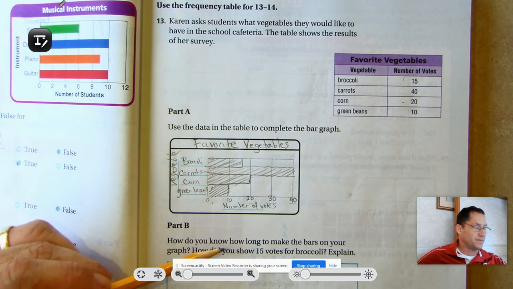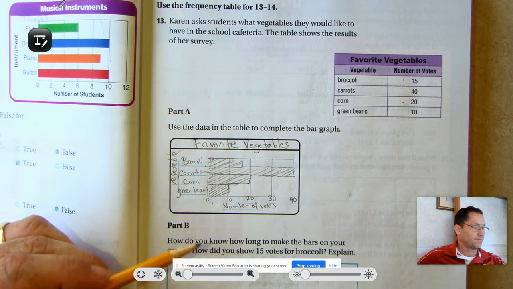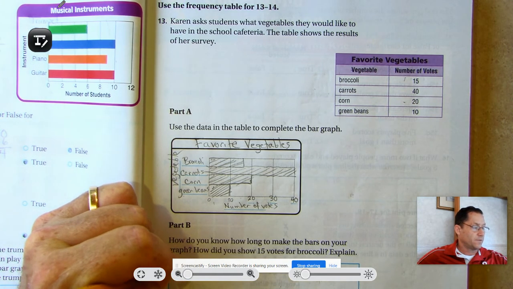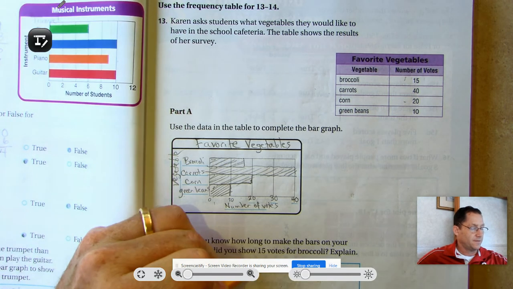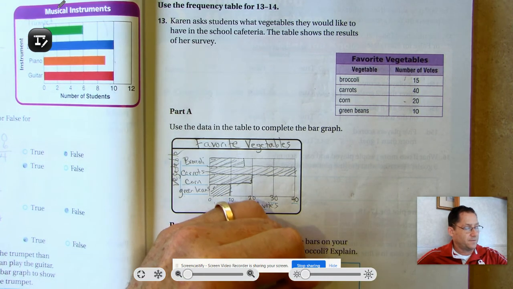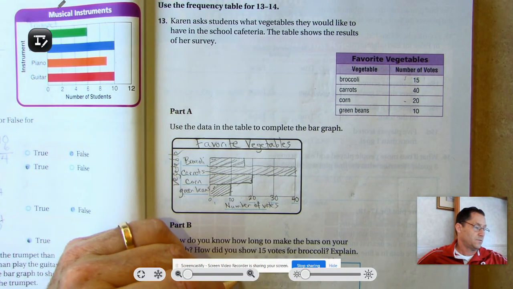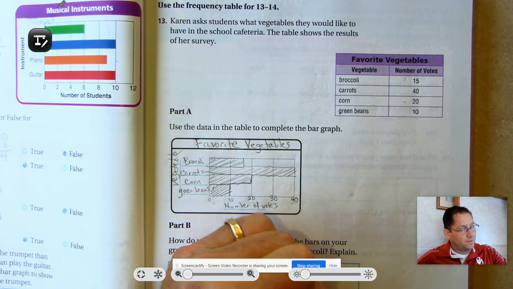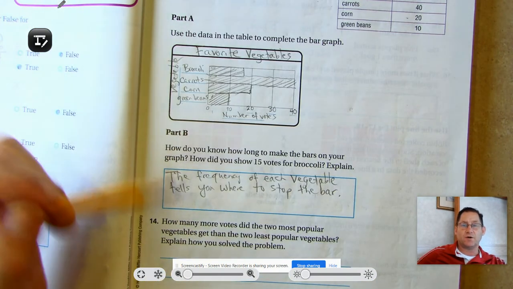How do you know how long to make the bars on your graph? How did you show 15 votes for broccoli? Okay, so the frequency of each vegetable tells you where to stop the bar.